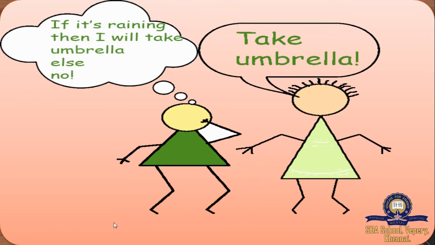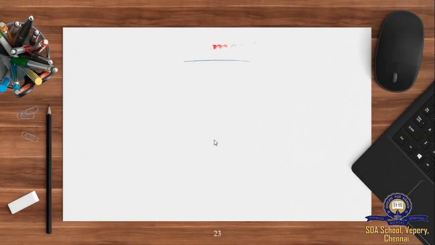Else, no. She is telling to take the umbrella, but this girl is thinking, if it is raining, then I can take the umbrella. So she is applying the condition here. Only if it rains, she will take the umbrella. Otherwise, no. This is the if condition.